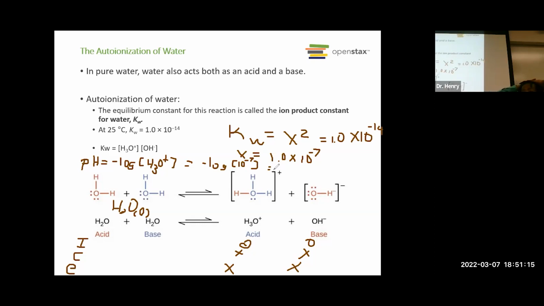It's going to be 7, right? So what is the pH of water? 7, right? And this is the reason why. It's because it auto-ionizes. So its pH is equal to 7.